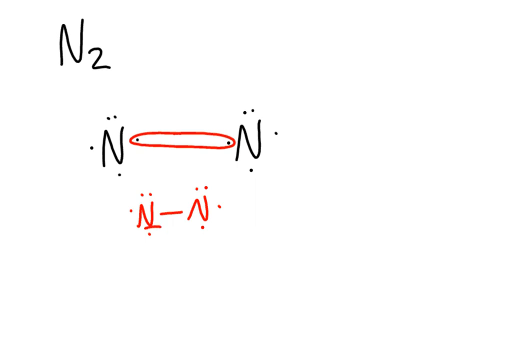So maybe they'll pair up again. So I'm going to end up with nitrogen, a double bond, right? Now we're getting somewhere. But if I have a double bond and each bond is representing 2 electrons, if I count those up, 2, 4, 6, 7, I only have 7 electrons.